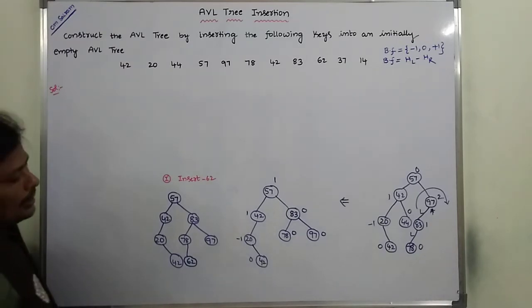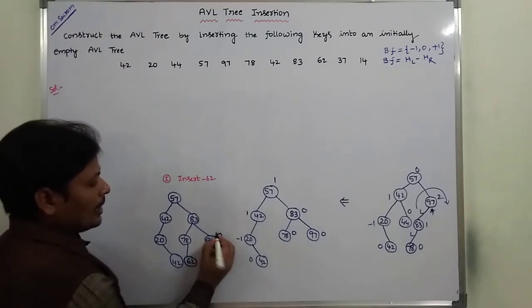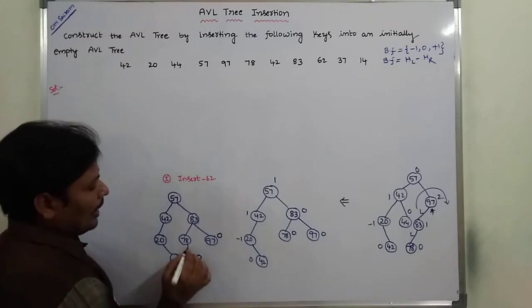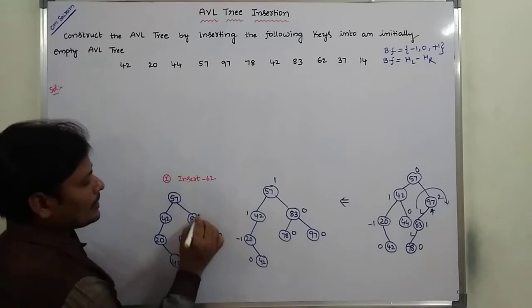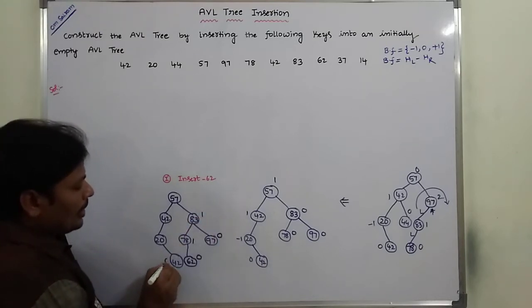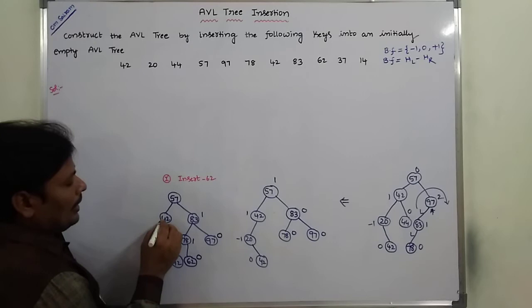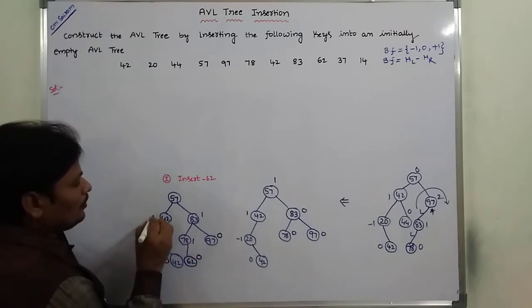Now the balance factors: here this is 0, here this is 0 and this is 1 minus 0, 1. Here 2 minus 1, 1. Here this is 0, this is minus 1 and this is 2.